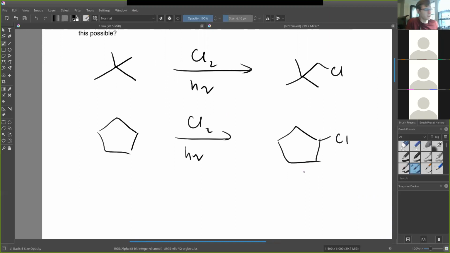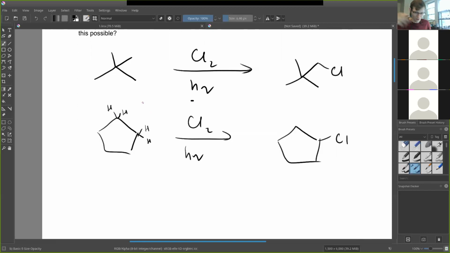Another way to say this is, look at all of these hydrogens, right? They are different hydrogens. Clearly, this hydrogen and this hydrogen are not the same thing. They're two different real hydrogens next to each other. But as far as we're concerned, they're going to react the same, right?